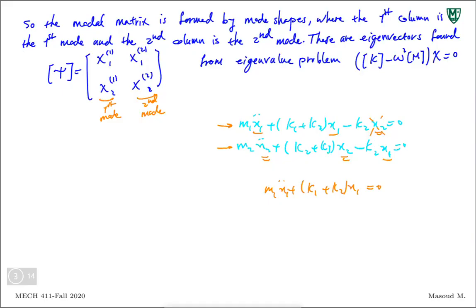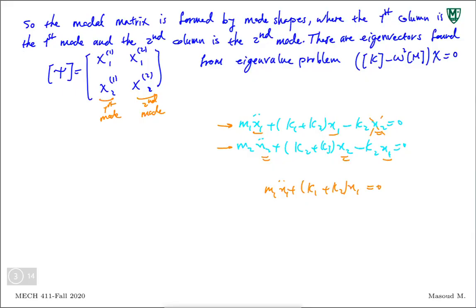The problem with systems with 2 or higher degrees of freedom is that you have a component added to this equation that couples it to the second degree of freedom. x1 and x2 exist in both. How can we solve a system with multiple degrees of freedom then? One way is modal analysis. What does it do? It decouples the equations.